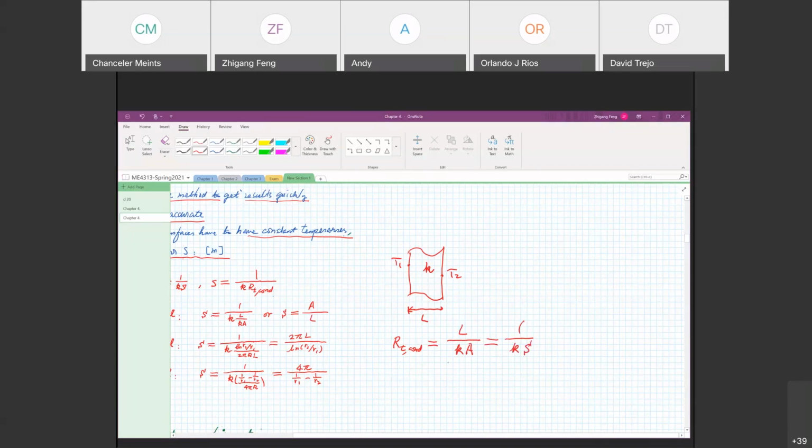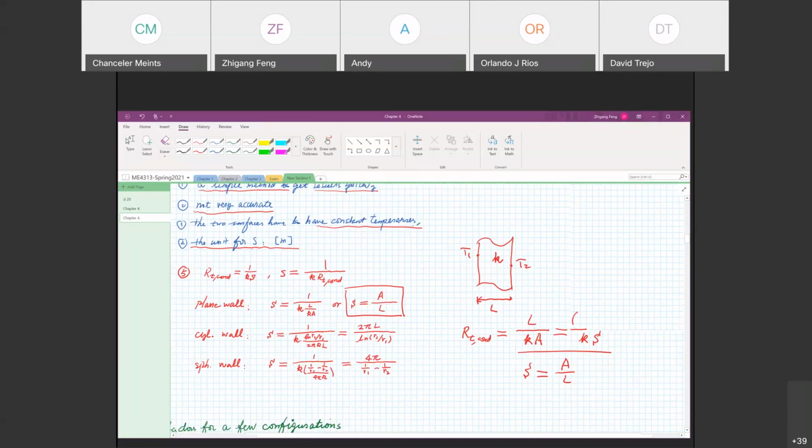So compare these two, we find S equal to A over L. So the shape factor S for a plane wall is simply equal to A over L. A is the cross-section area of the wall. L is the thickness of the wall.